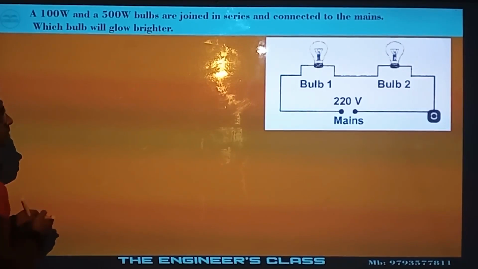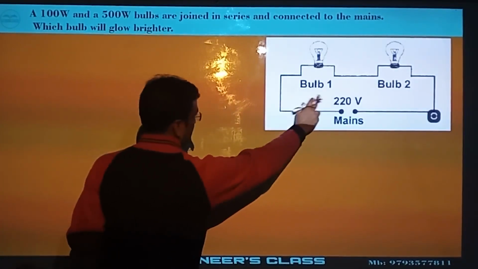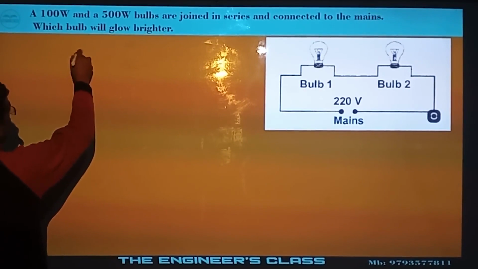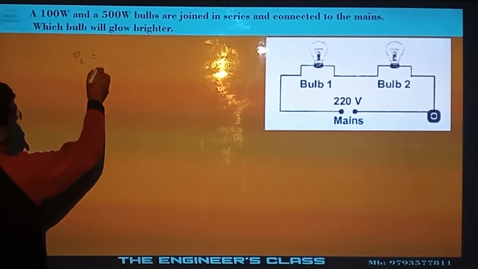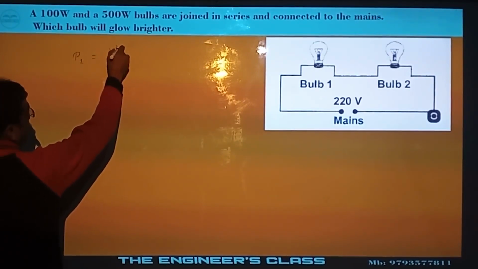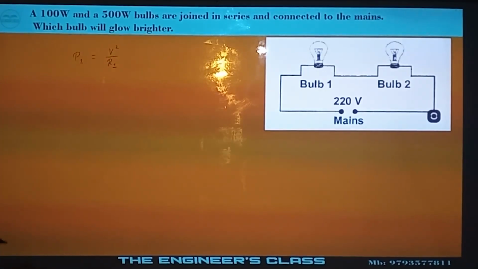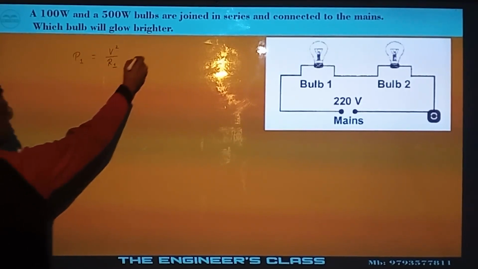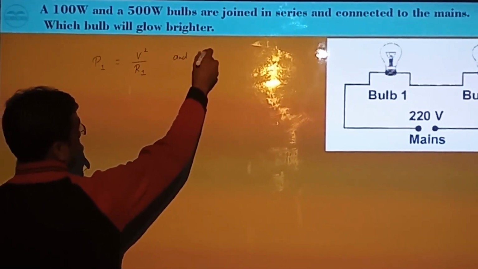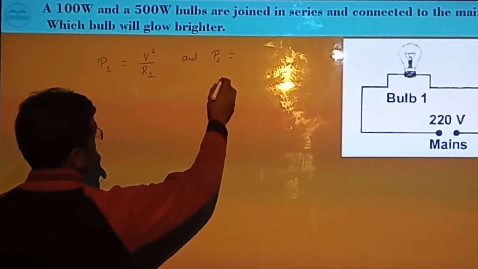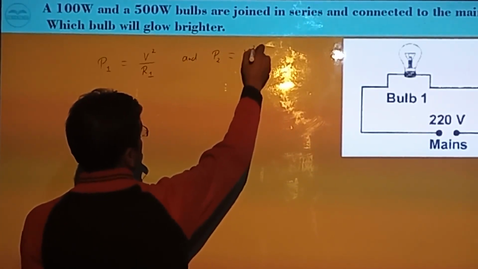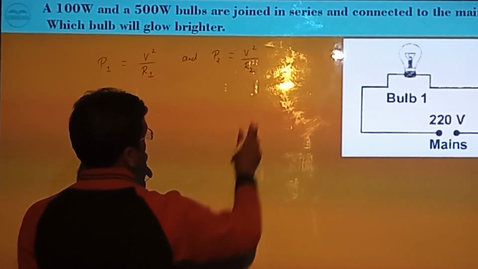For valve 1, the power is P1 equal to V square upon R1, and the power of the second valve is P2 equal to V square upon R2.